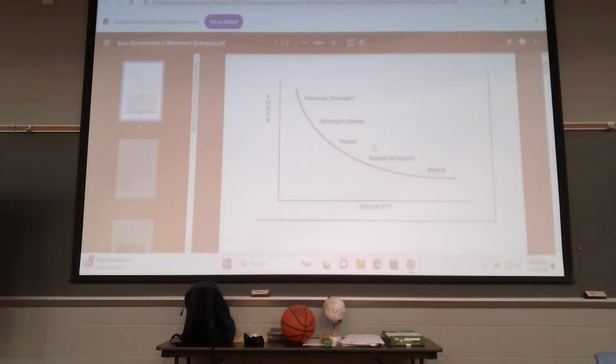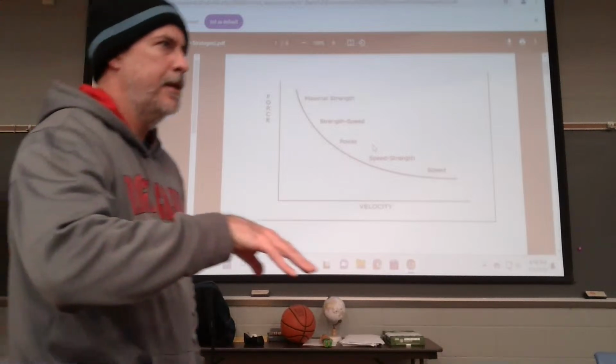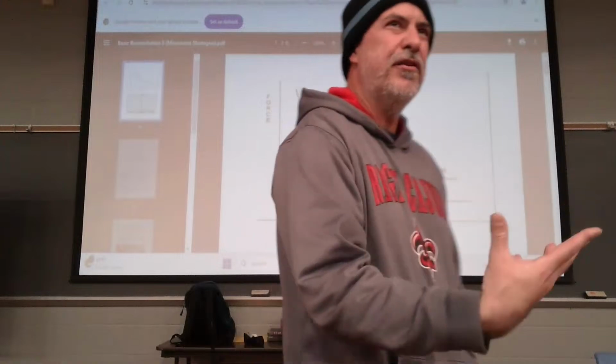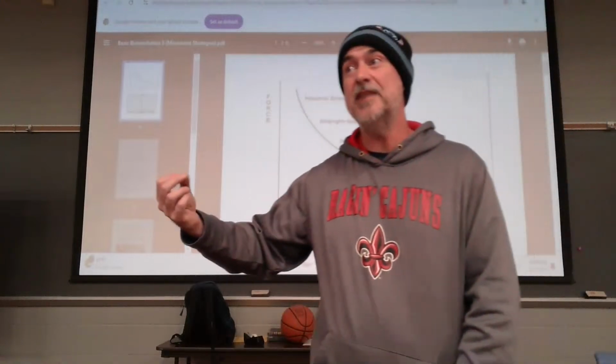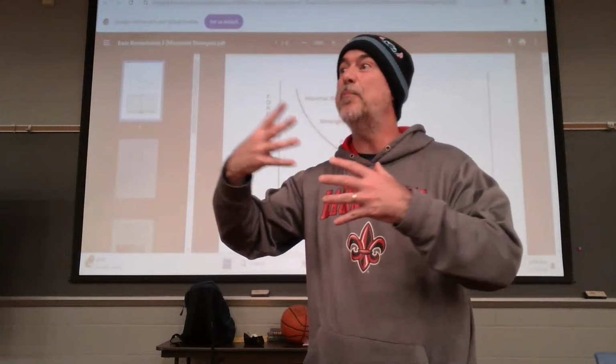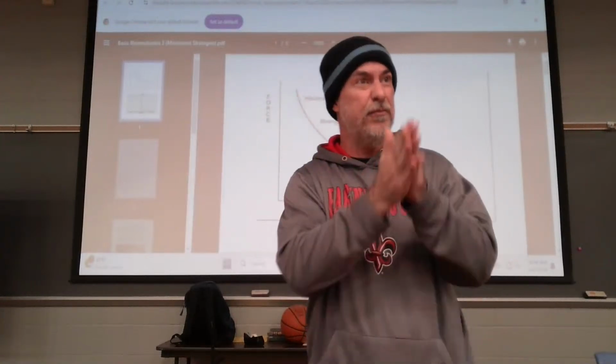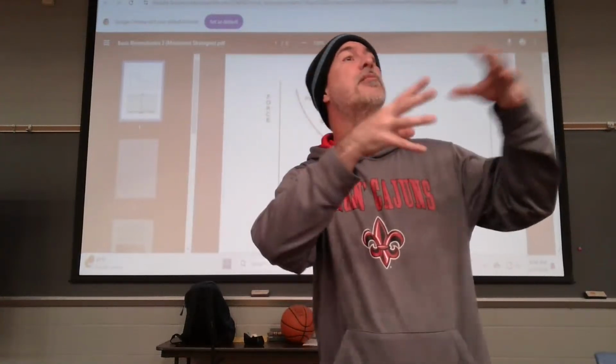I think of it like this. You don't want to take a shower that's too hot. You don't want to take one that's too cold. You just want it warm, right in the middle. If something's too heavy, you're not going to get it to move very fast. If something's too light, you get to move fast, but it's not very heavy. So where does optimal power live? Somewhere in the middle, because you have a little bit of both.